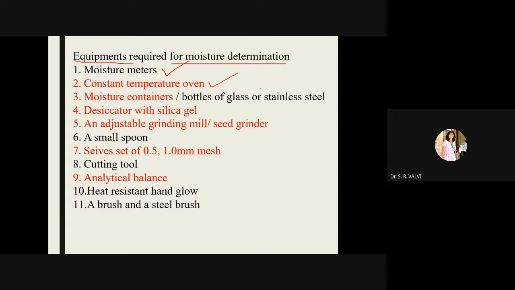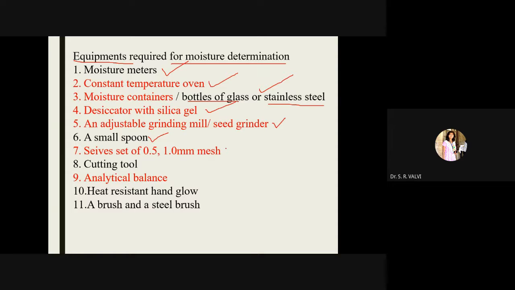Then moisture containers, a bottle of glass or stainless steel. Then a desiccator with silica gel. Then an adjustable grinding mill or seed grinder. Then a small spoon to mix our samples or to take out samples for measurement.